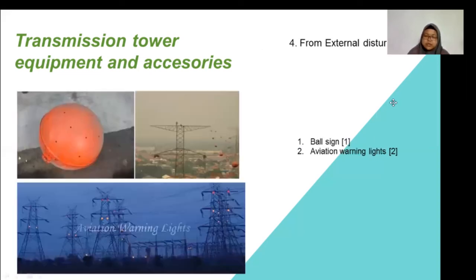Next, protection equipment from external disturbance are ball sign and also aviation warning lights. A ball sign is used as a sign for flight and also parachutists. And aviation warning lights protect from flight.